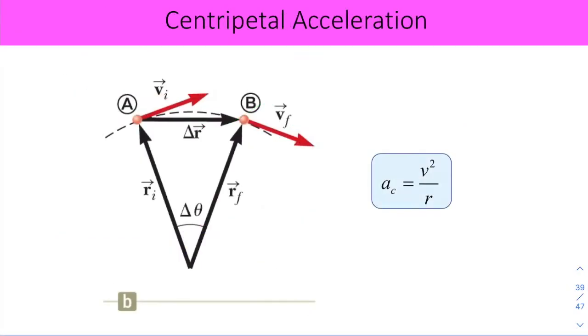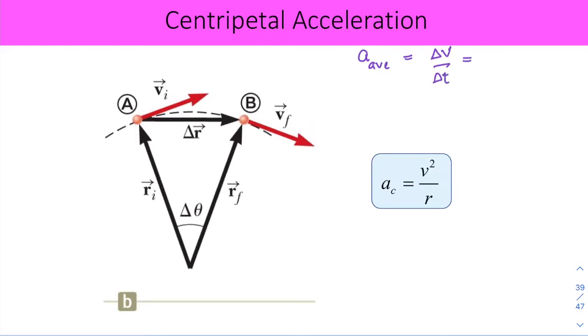So we are still referring to the same diagram actually, but now from the part that we have previously, where the A average is equivalent to delta V over delta T, the idea.